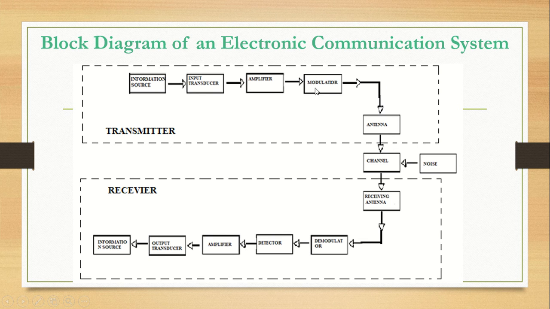The signal will be modulated, meaning it will be combined with the carrier frequency, before it is sent to the radiating antenna, which will radiate or propagate the signal that contains the carrier and also the information. It will be received by the receiving antenna, and here it will be demodulated, taking out or removing the information from the carrier. It will be detected by this detector and amplified, and then this will be an electrical signal converted by the output transducer, which turns the electrical signal into something like the information source, like the intelligence or the information.